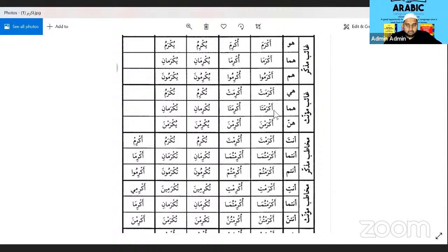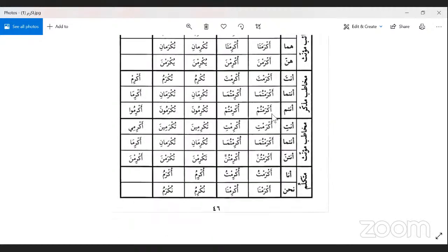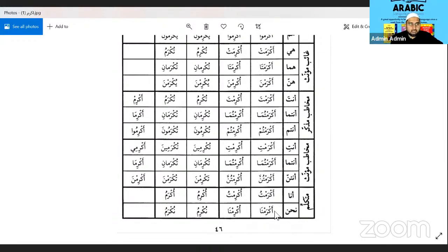Anta adkhalta, antuma adkhaltuma, antum adkhaltum, anti adkhalti, antuma adkhaltuma, antunna adkhaltunna, ana adkhaltu, nahnu adkhalna. Excellent. Is this clear now? Is it easier for you now?